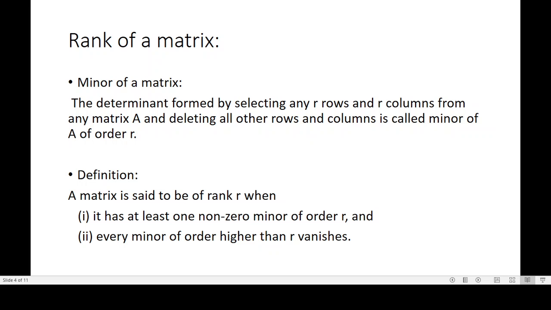Deleting the rows and columns, we get minor of the matrix of order R. And the rank of the matrix is defined as R if it has at least one non-zero minor of order R and every minor of order greater than R vanishes.